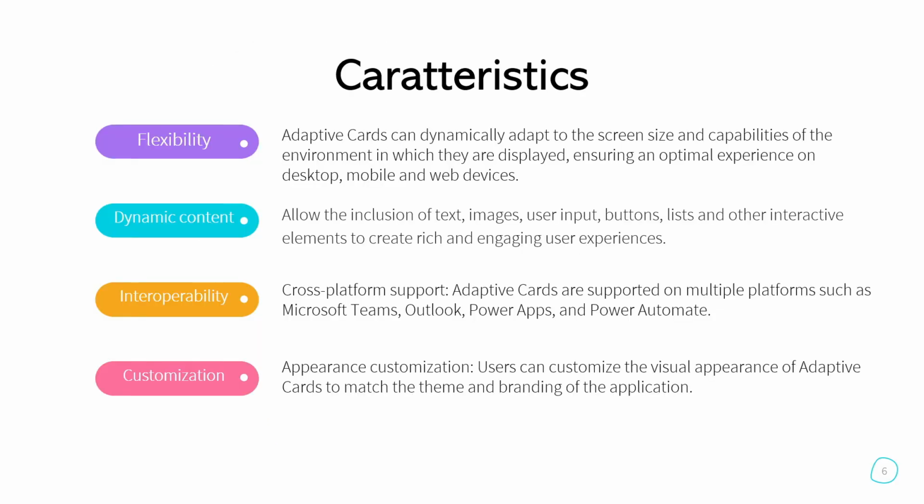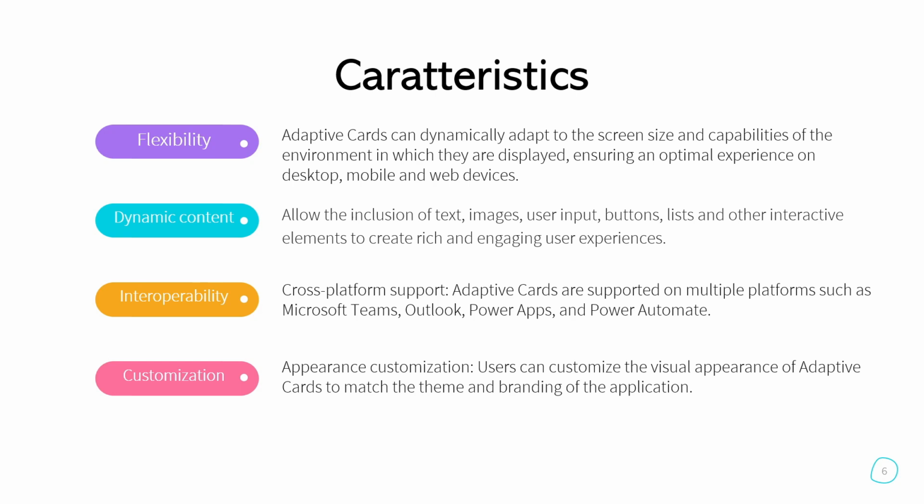There are a lot of nice characteristics. Adaptive cards can dynamically adapt to the user environment, so they can take the screen size and the capability of the environment, and, as I told you, have the same experience on different devices. Another nice feature is that you can include dynamic content.